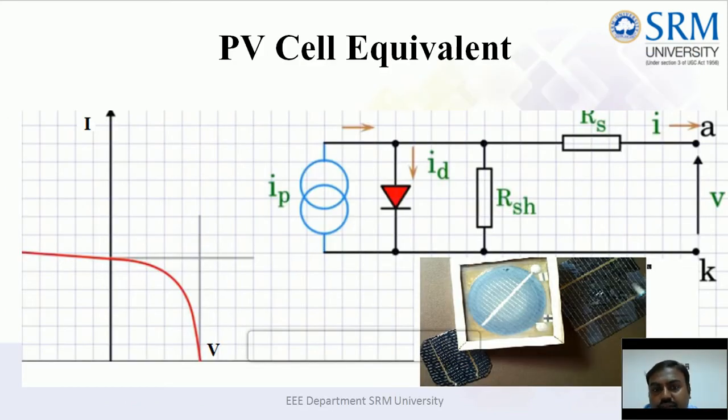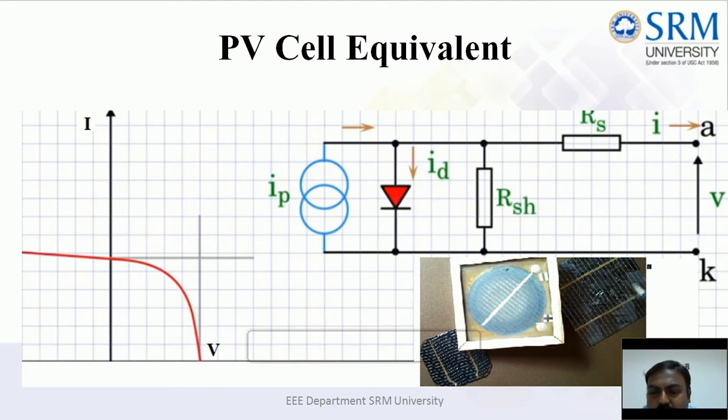Next important is we should see the PV cell equivalent. In the right bottom of this slide, I'm showing you a typical PV cell, a monocrystalline and a polycrystalline. The right extreme is a polycrystalline, the left one is a monocrystalline.